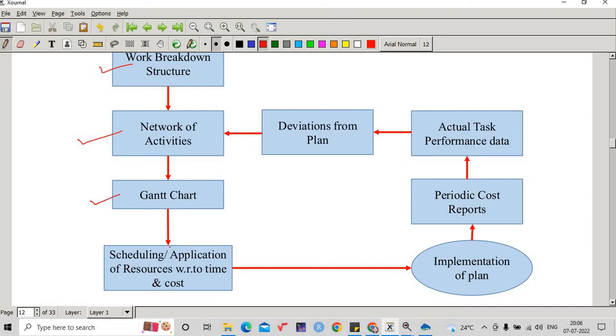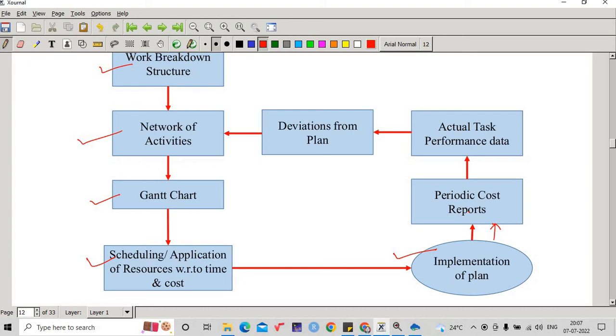Gantt chart, a chart of different work allocations, can be prepared. Scheduling and application of the resources with respect to time as well as cost, implementation of the plan, then periodic cost reports: at each location, whether the entire activity is completed and proceeding towards the next activity or not, and the cost included in that.